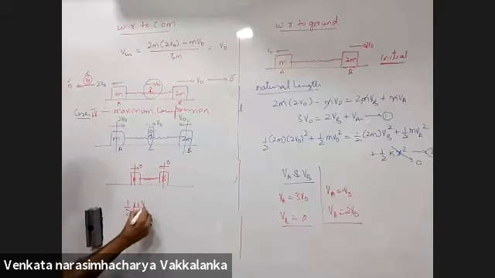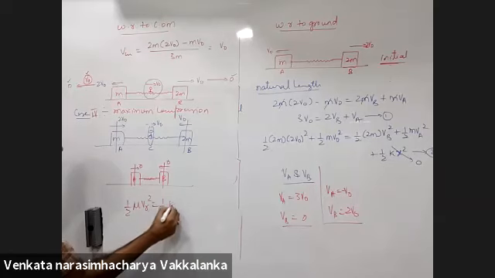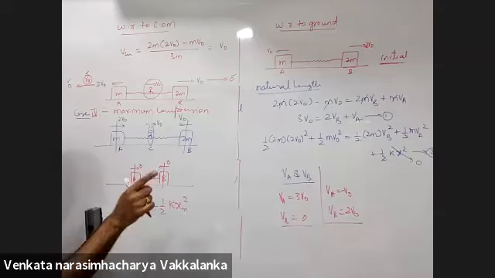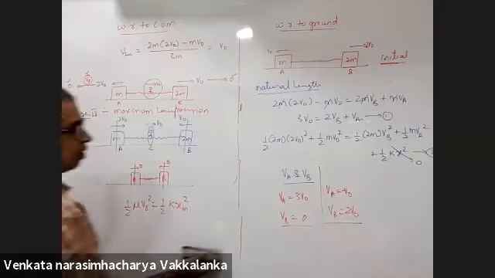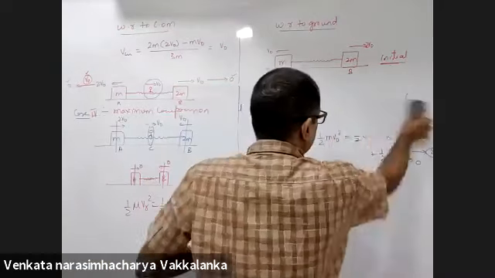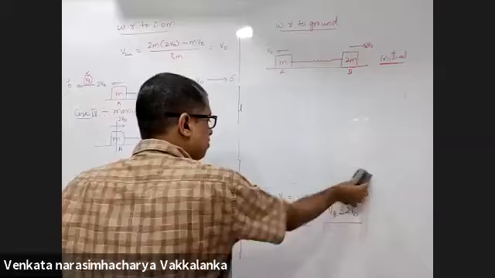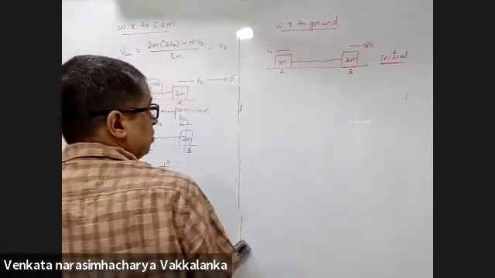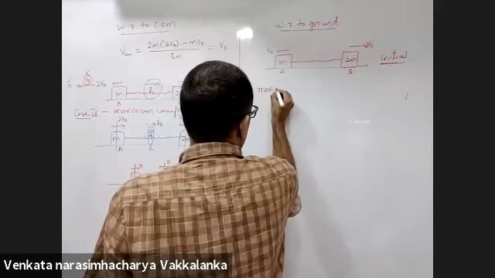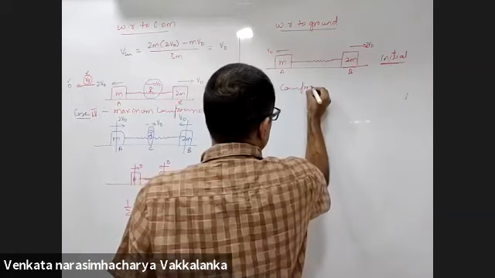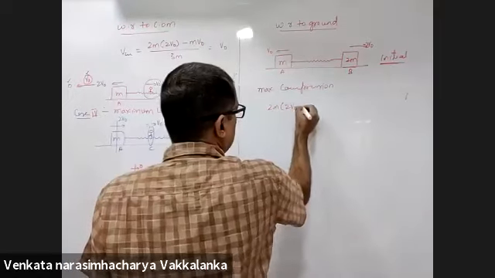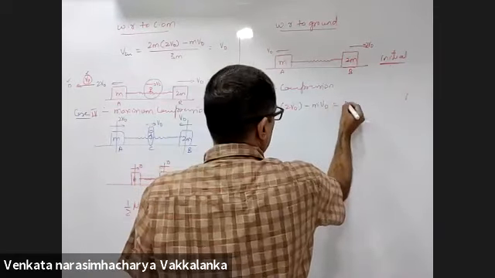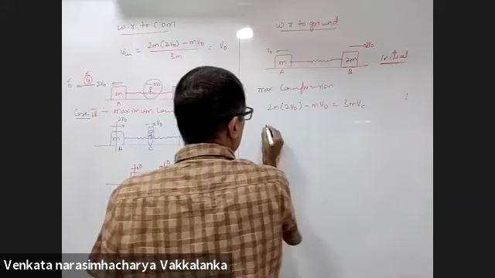Half mu VR square is half k x maximum whole square. Value of x maximum for maximum compression and maximum elongation will be the same. Maximum compression, right? 2m into 2v0 minus m into v0 is 3m into v common.